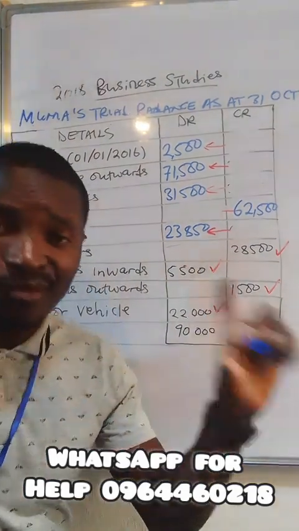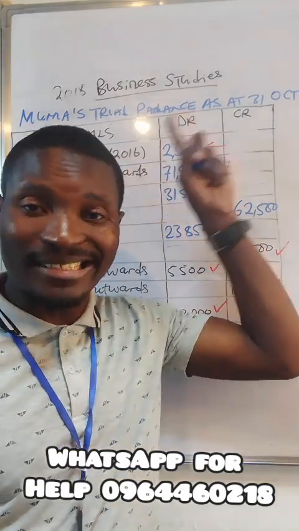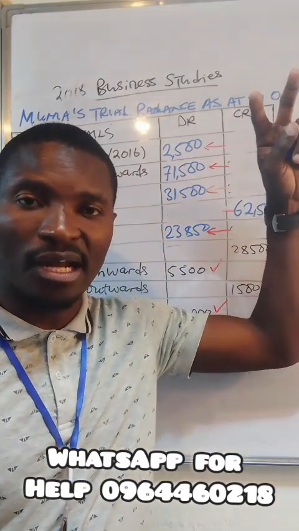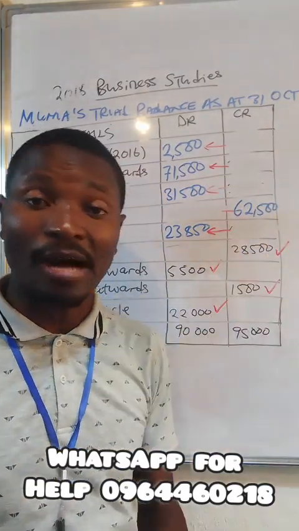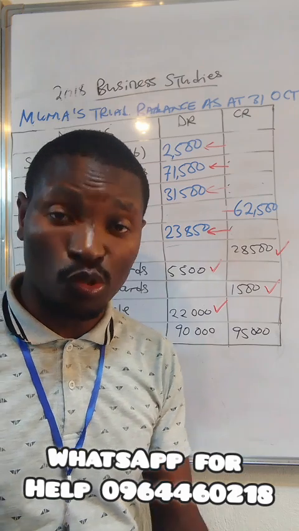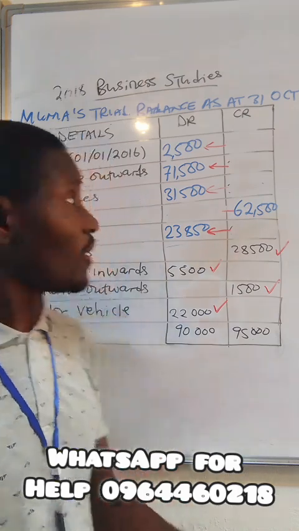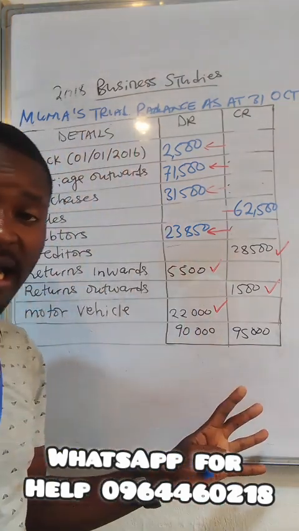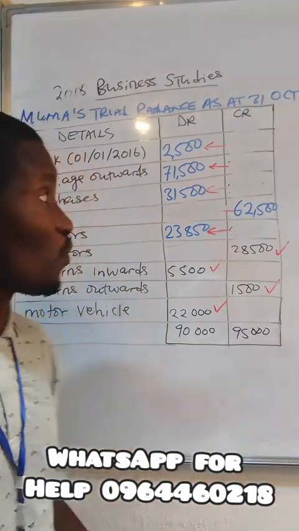Before that, you have to write the title on top of that trial balance: Muman's trial balance as at 31st October 2017. Okay, and this is now the corrected version of this trial balance.